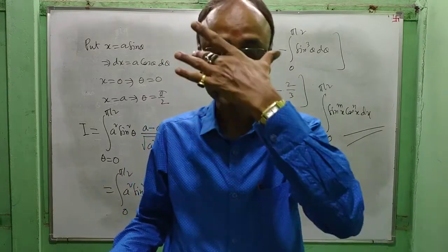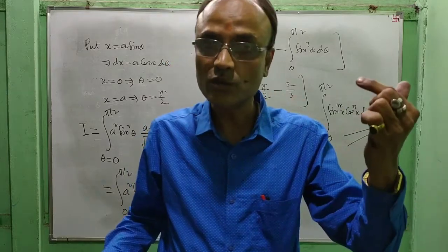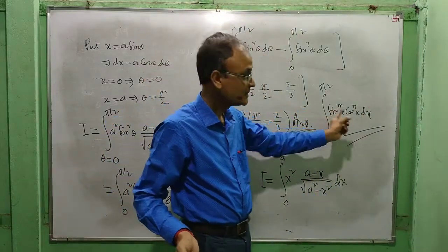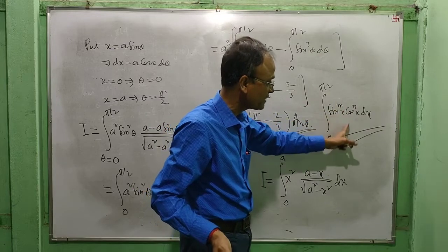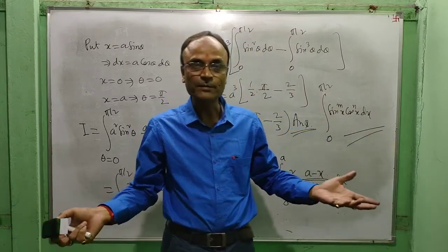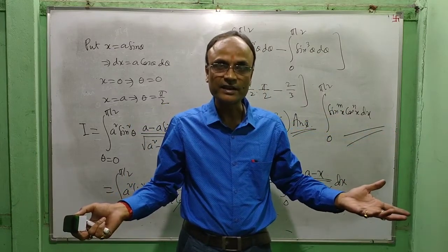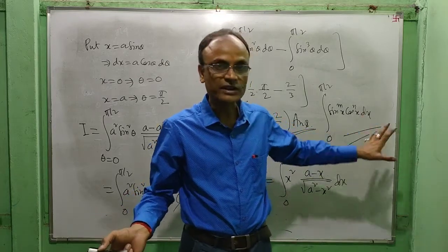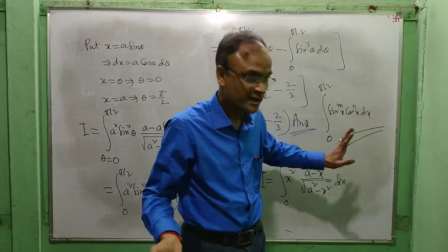For cos square x, we put 1 minus sin square x. But using this formula, we can find the integration in this method also. In the next class, we shall discuss this method.